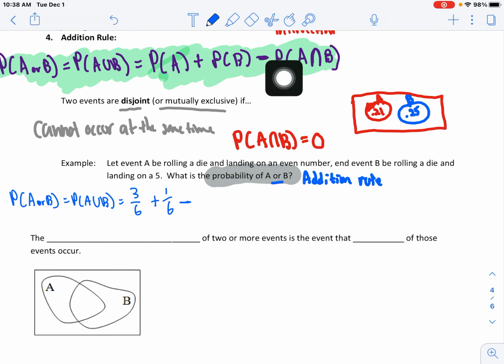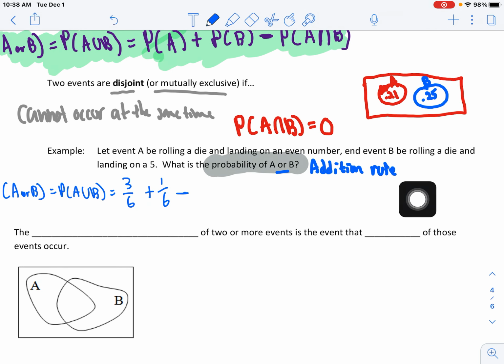Now the intersection, this is where you have to be a little thoughtful of what it is that we're asking. The intersection is the probability that they both happen. So in this case, event A is rolling an even number and event B is rolling a 5. What's the probability that we do both of those things at the same time, that we roll an even number and it's a 5?